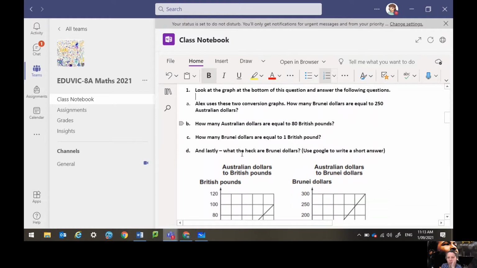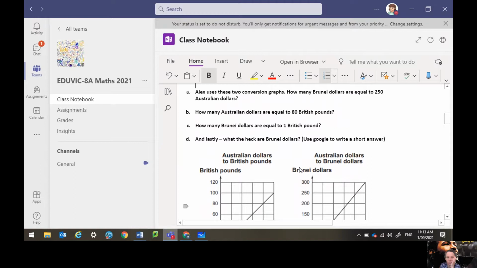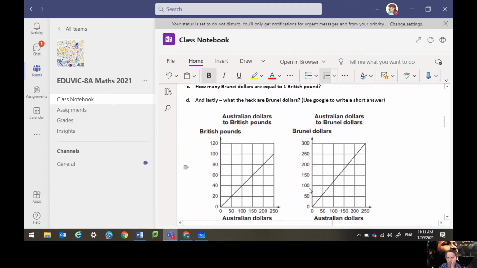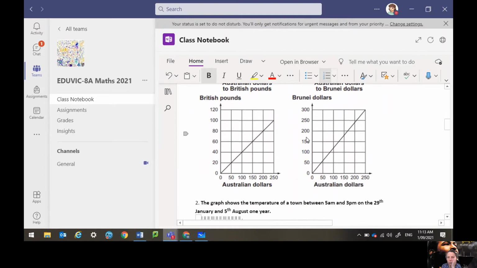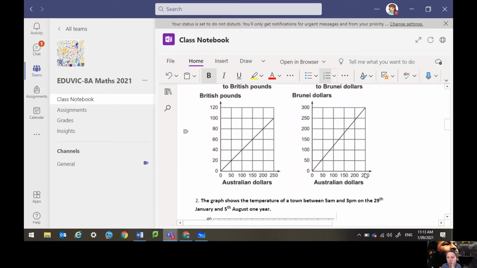Okay, so I'm going to go to the Brunei dollars graph, and I'm going to use the x-axis because that's where the Australian dollars is, and then I'm going to go to the relevant coordinate point. It says 250 Australian dollars, so I'll go to 250 on the x-axis and go up to the line and then across to find the coordinate point for the y-axis, and that's 300.